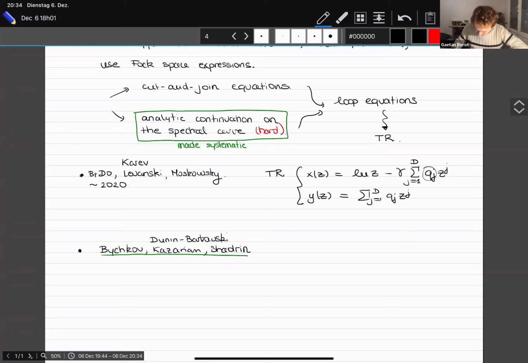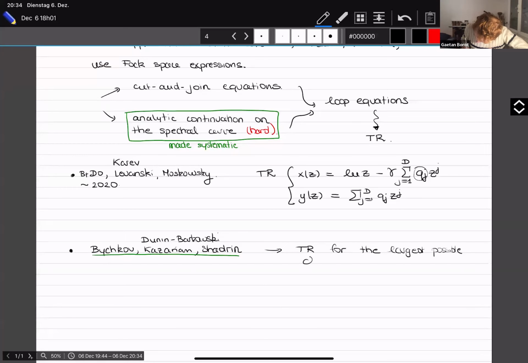So it's a beautiful work, because automatically they could derive TR for the largest class possible of weighted Hurwitz, double Hurwitz numbers. And this closes a bit this problem opened almost 15 years ago. And not only closes the problem, but it allows to tackle other problems.